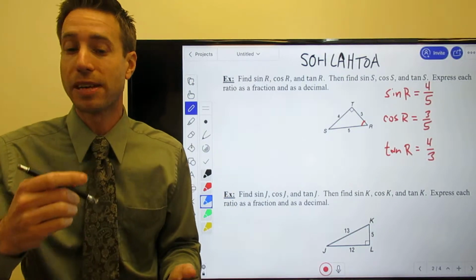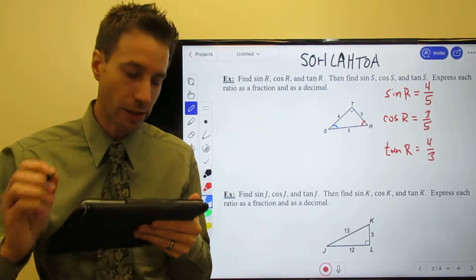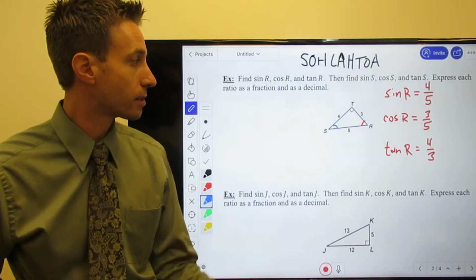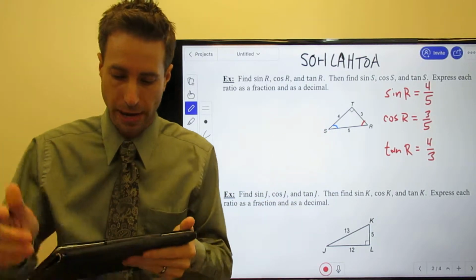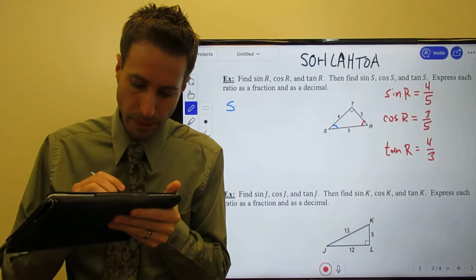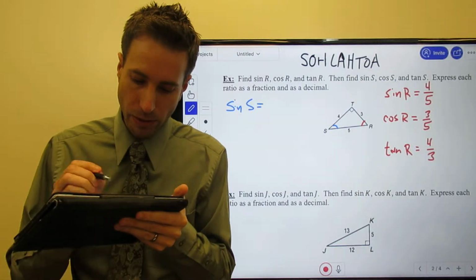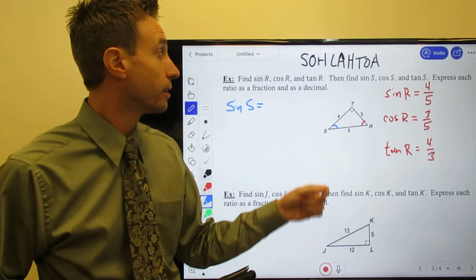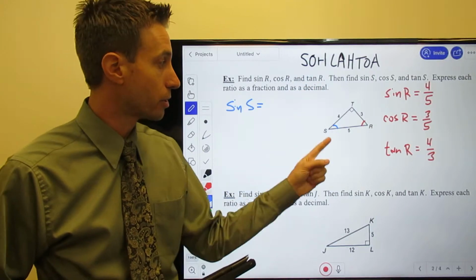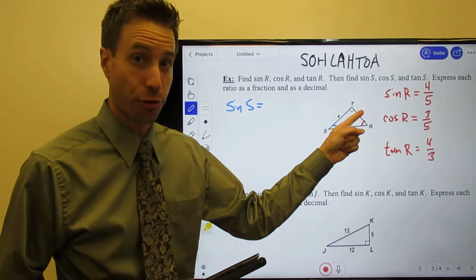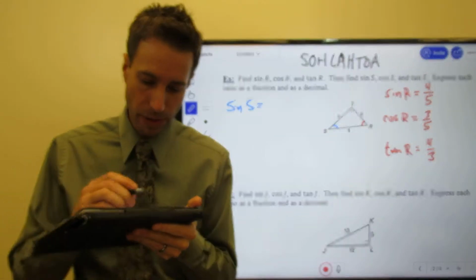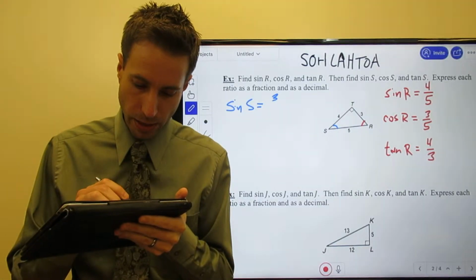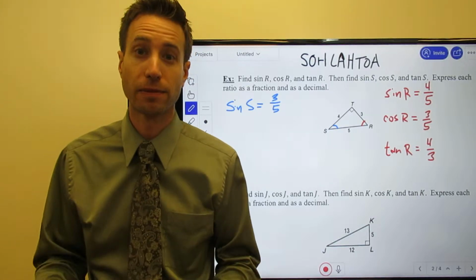Okay, well I still have another acute angle. There it is right there, angle S. So let's do sine, cosine, and tangent for angle S. The sine of angle S. Well again, sine, opposite over hypotenuse, so the opposite side is now 3. The hypotenuse is still the longest side, 5. So sine is 3 over 5.